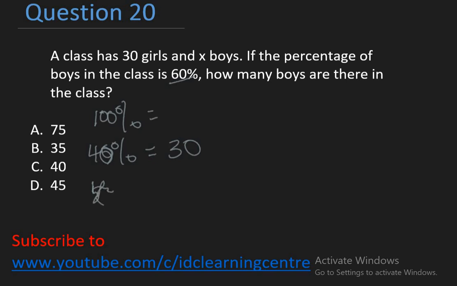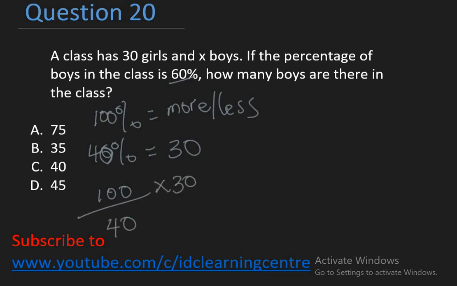So 100%, which means everything, will definitely be more. Let's solve this with proportion. If more, less under. Since 100% will be more, 100 will be the numerator, the less, which is 40, will be under, times 30. What we are doing is to get the total population of pupils in the class. 0 cancels 0. 4 into 100 is 25.